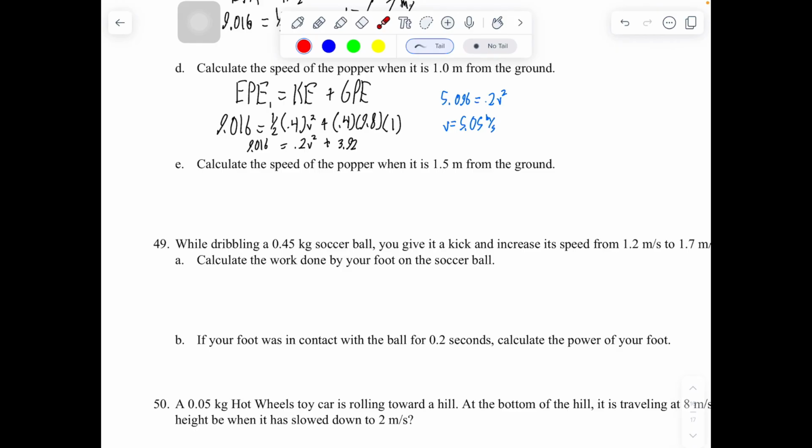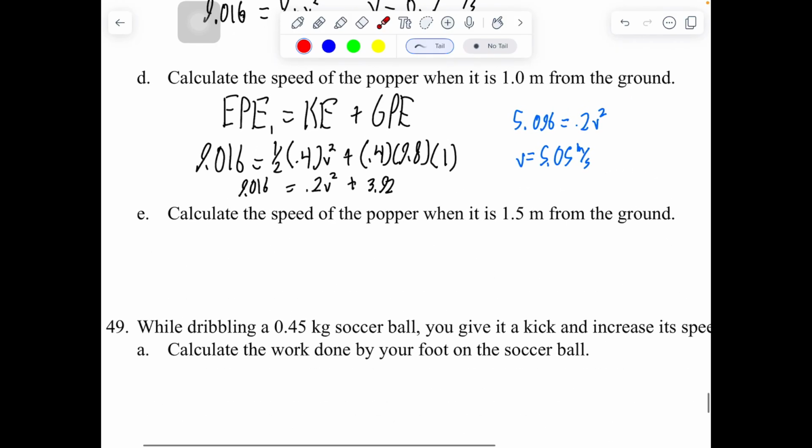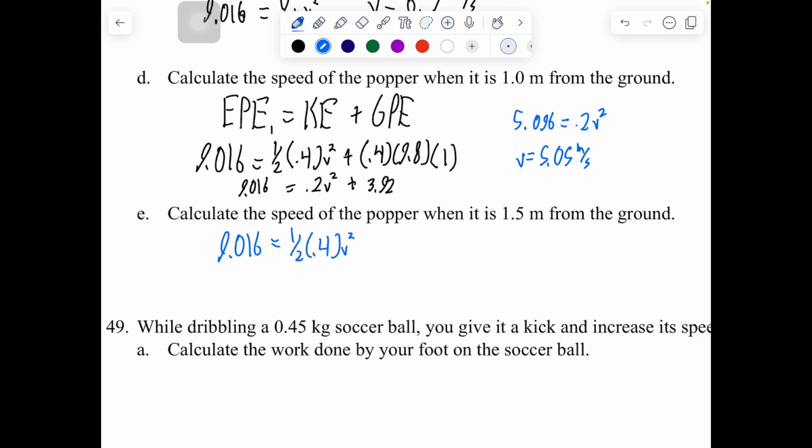And speed when it's 1.5 meters from the ground. Really the same exact setup. We're just going to say this is 9.016 equals 1/2 0.4 v squared plus 0.4 times 9.8. Now our height is 1.5. Go ahead and figure out what this is. 0.4 times 9.8 times 1.5, 5.88.